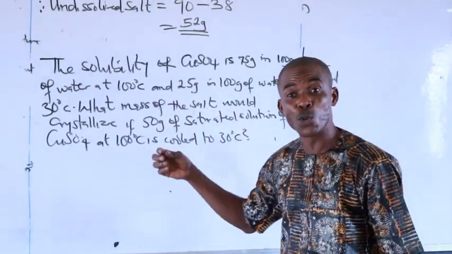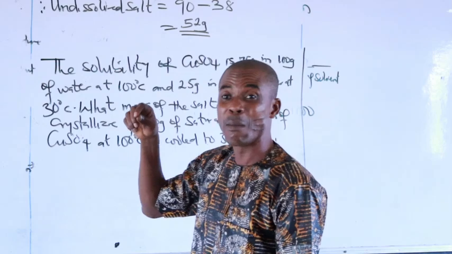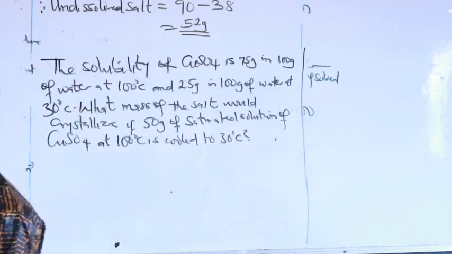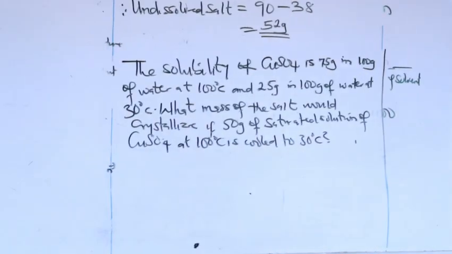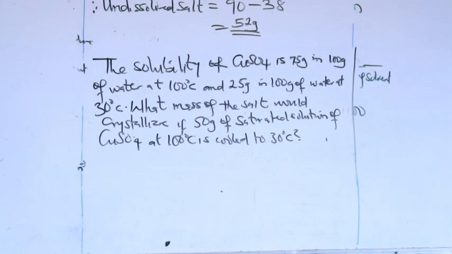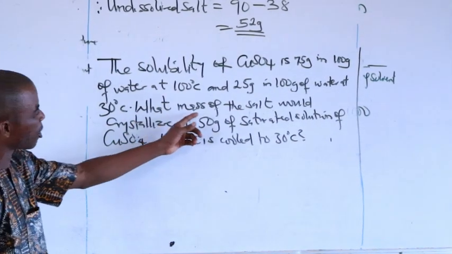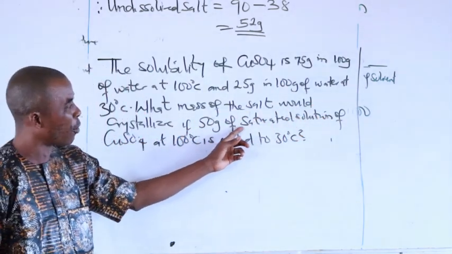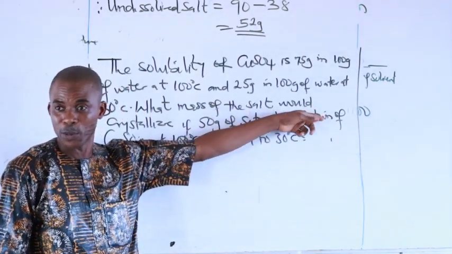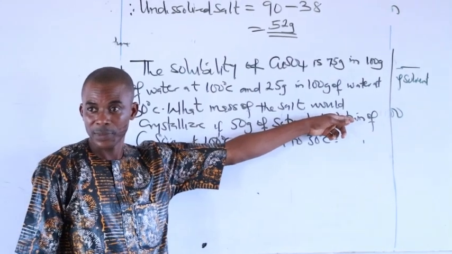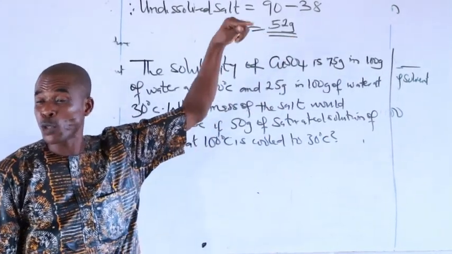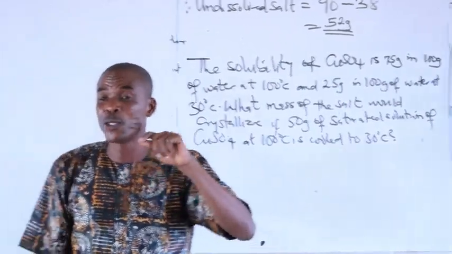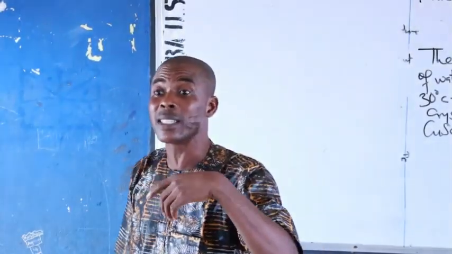What we need to do is to find the mass of the solute in the solution. Look at the question here: what mass of the salt will crystallize in 50 grams of saturated solution? That means we must know the mass of the solution at different temperatures.